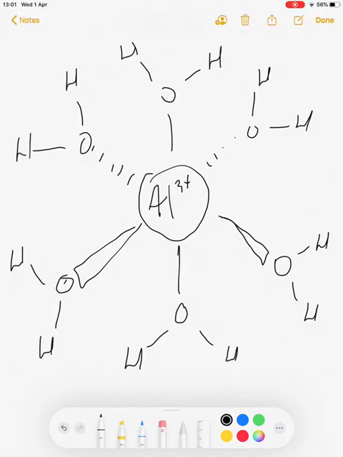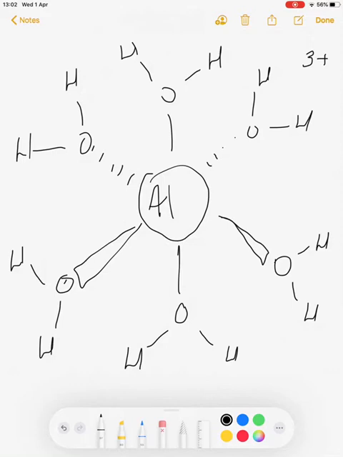And of course this whole thing, and I've put the 3+ in the middle there, I shouldn't really, because we put the charge on the outside. So the 3+ charge is up there like that. Let me try that again, that's not really written very well. So the 3+ charge will be up here like that.